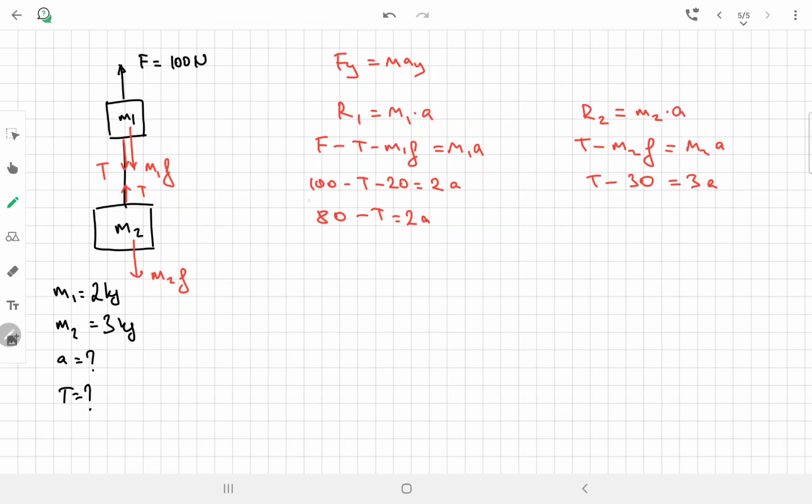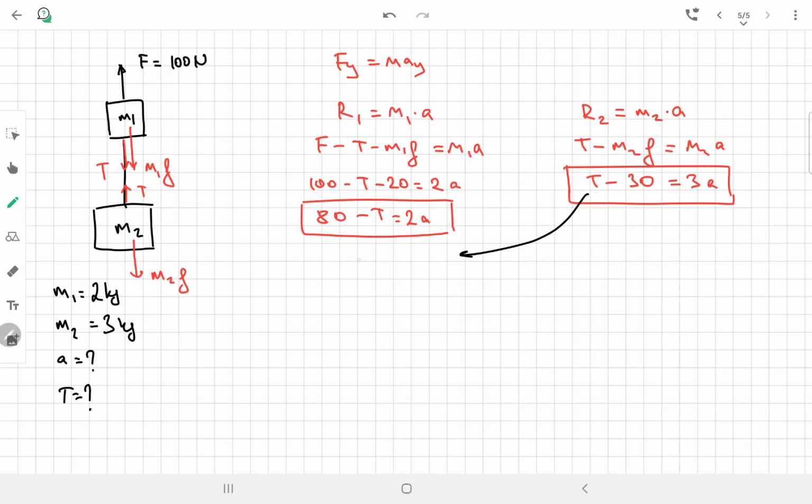So we have two equations and two unknowns. We can solve this problem. So let me bring the second equation here. Tension minus 30 equal to 3A. Let's add these two equations. So tension will be cancelled. 80 minus 30.